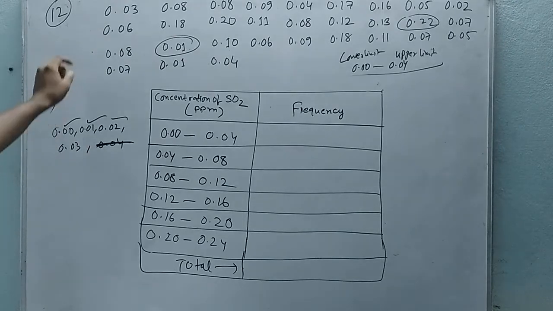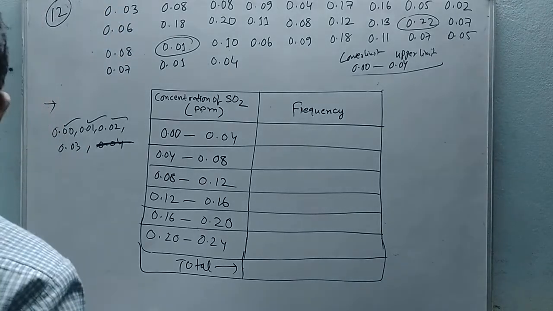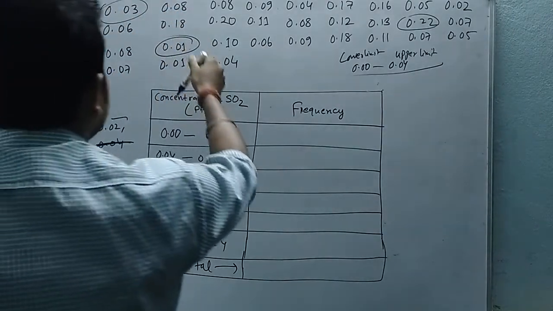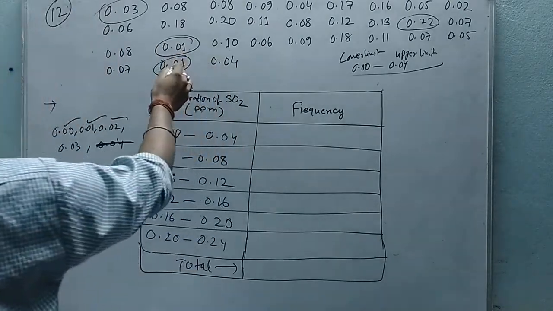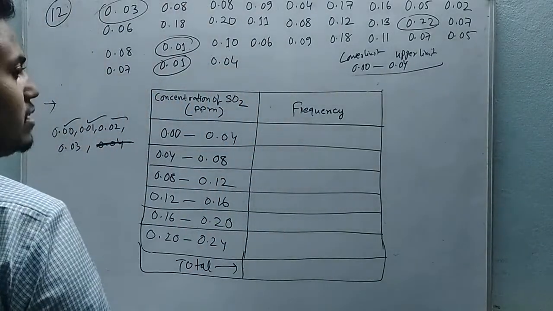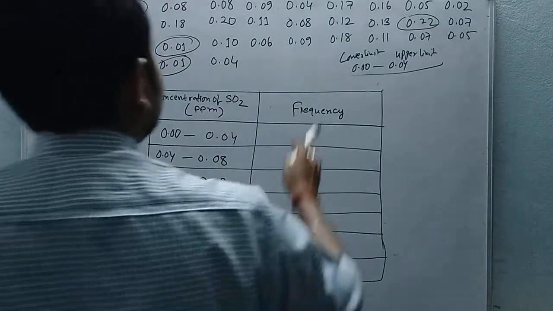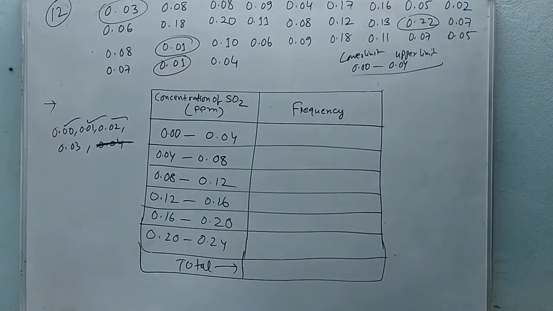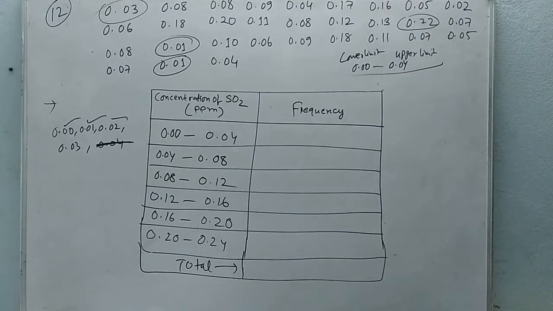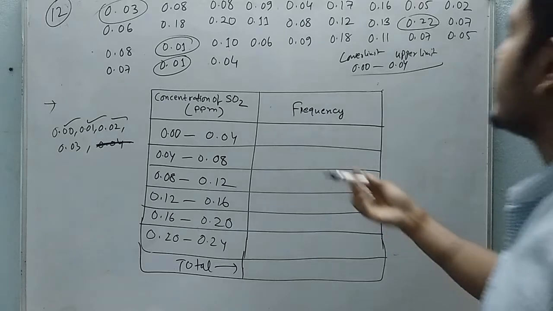Now let's find them. Yes, here we have this number 0.01, then 0.01, these two numbers. 0.04 we cannot take. Then we find how many numbers will come. 0.04 cannot take.